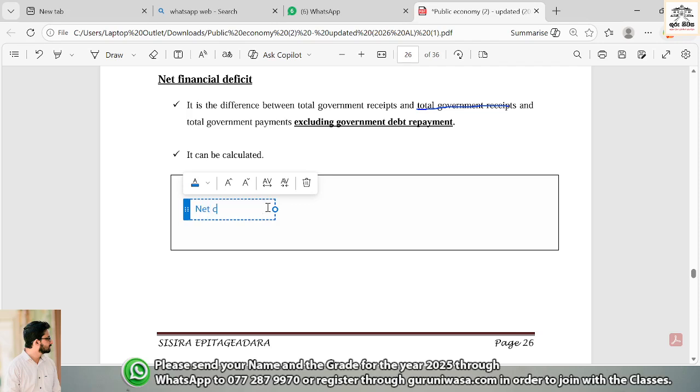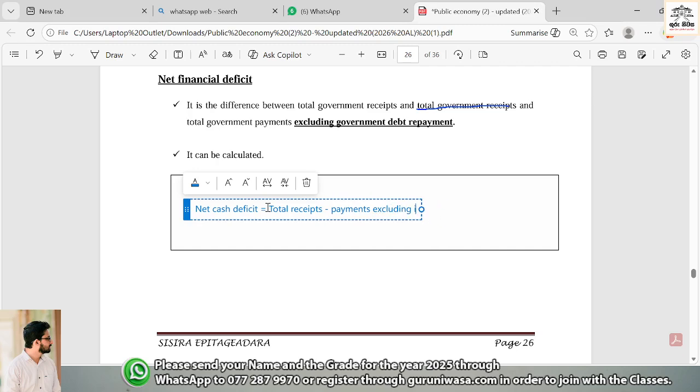Net cash deficit equals total receipts minus payments, payments excluding interest.